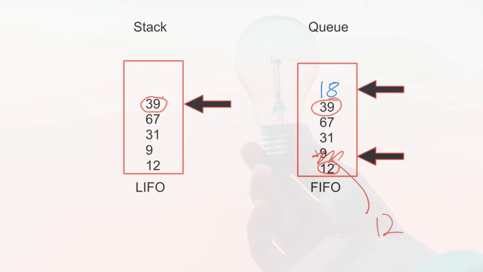Now there are several operations you need to be able to implement for a stack. Like before, you need to be able to add items to the stack. Now with stack, this is called pushing. So if I was going to add an item to this stack, I would push the value on. So let's say I was going to push the value 18, I would push it to the top of the stack, and my stack pointer would have to increase to go here.